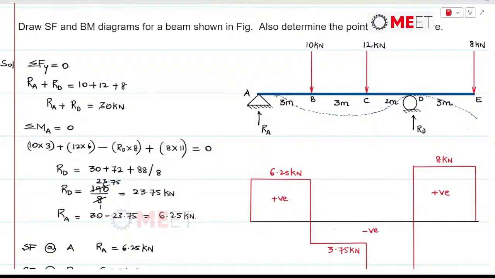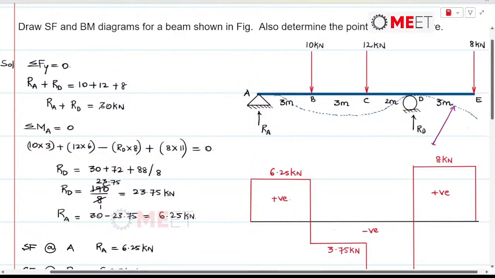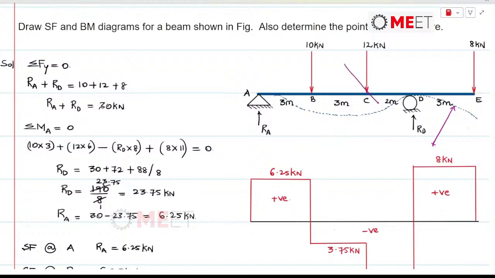So now here you find the radius of curvature. The radius of curvature is directed like this, and from the point D onwards, the radius of curvature is reversed. It is taken from the reverse direction.